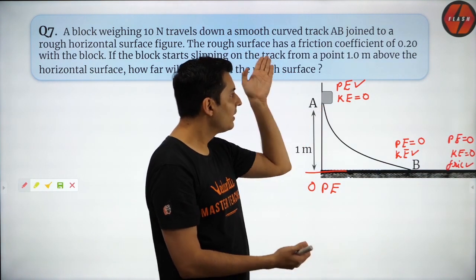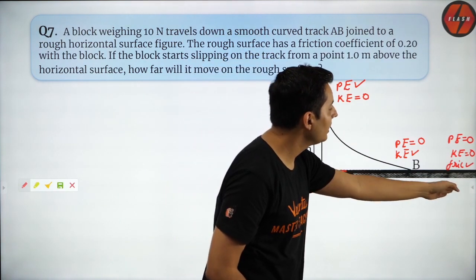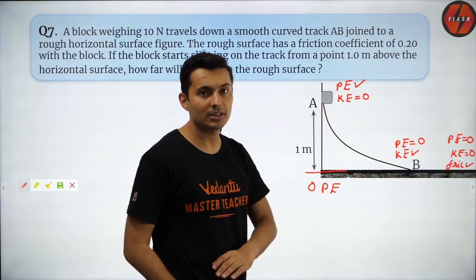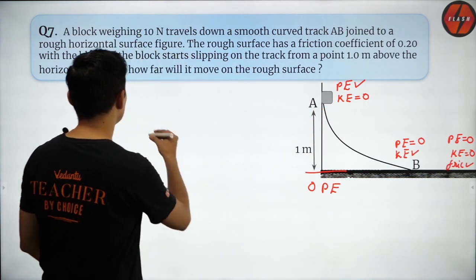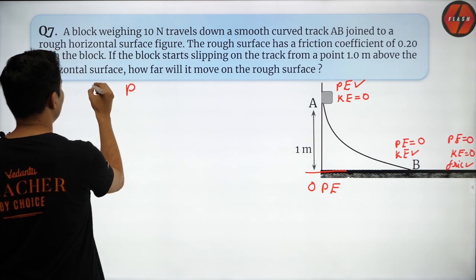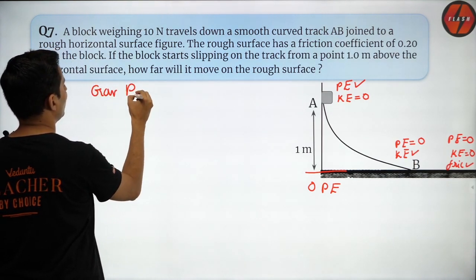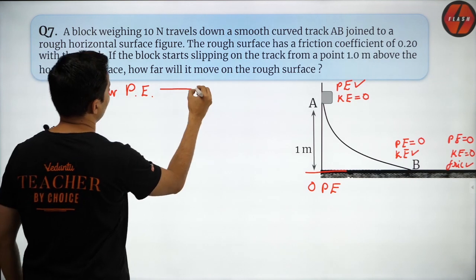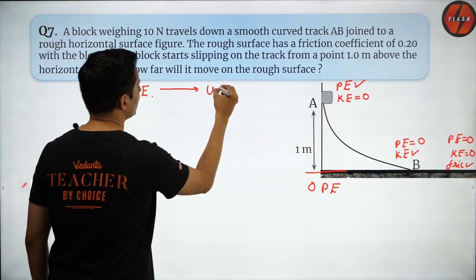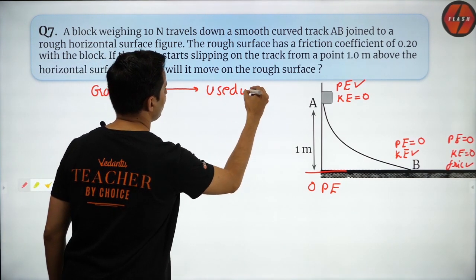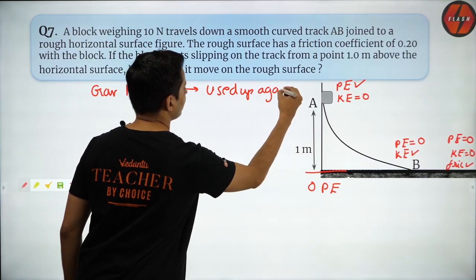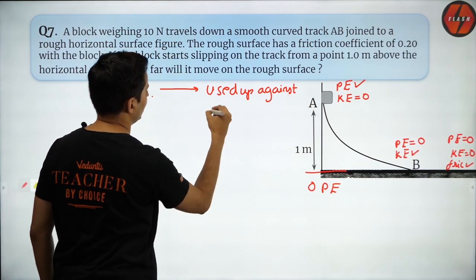So why can't I say potential energy directly gets lost in terms of friction? Alright, so whatever is the gravitational potential energy is completely used up against friction.